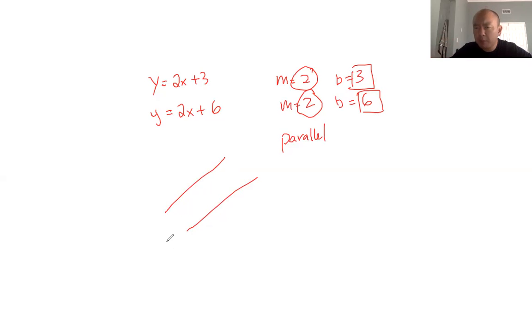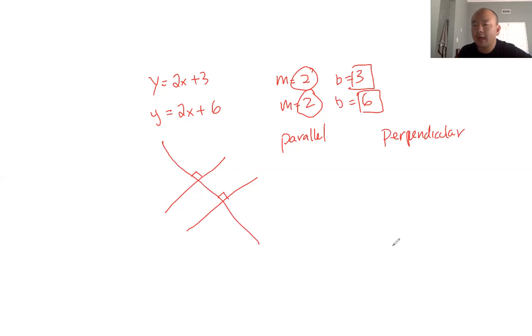Now, what does perpendicular mean? There's this word perpendicular. A line that's perpendicular not only intersects the other line, it makes a 90-degree angle between the two lines here.